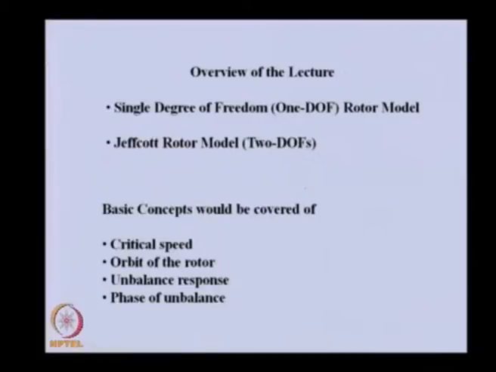Overall, in this lecture we will see various concepts like critical speed, orbit of the rotor, unbalanced response, and phase of the unbalance. With this, let us take one single degree of freedom rotor model in which, let us say, there is a rigid shaft and a heavy disc on it, and this rotor is supported on flexible bearings having stiffness property, let us say Kb.